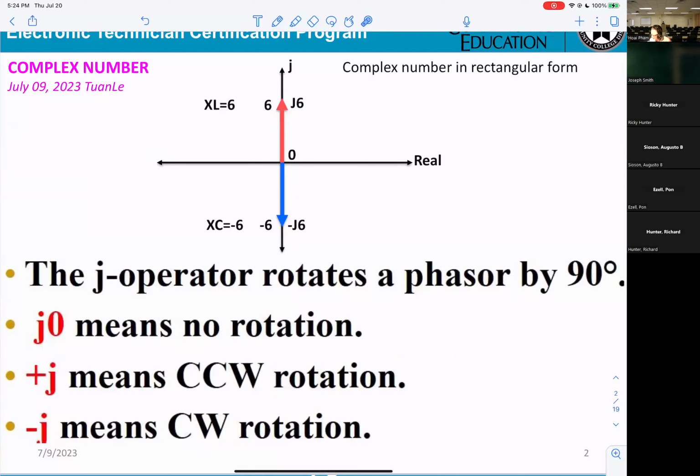J0 means no rotation for the real. Plus J means counterclockwise rotation. That means you go this way and you get plus J. Minus J means clockwise. You go this way. Okay.